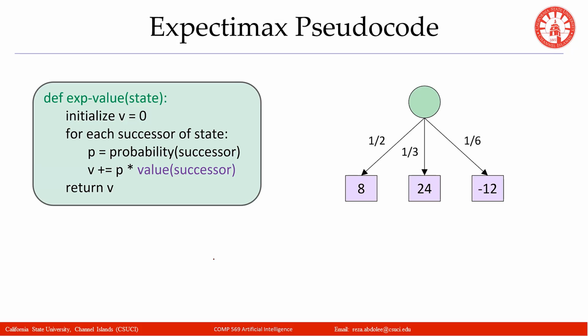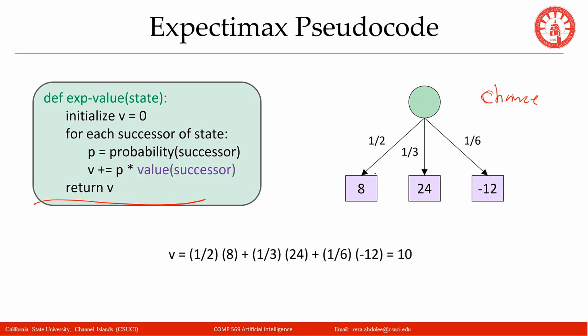Okay, so this is the pseudocode of the algorithm, and if we want to apply it to this case, this is our chance node. For this chance node, we compute the expected value of the successors. Here you have 8, 24, and minus 12. This is how you calculate it: the probability for 8, half, multiplied by 8, and then you add this probability multiplied by 24, and this probability multiplied by minus 12, and you get the value of the state.